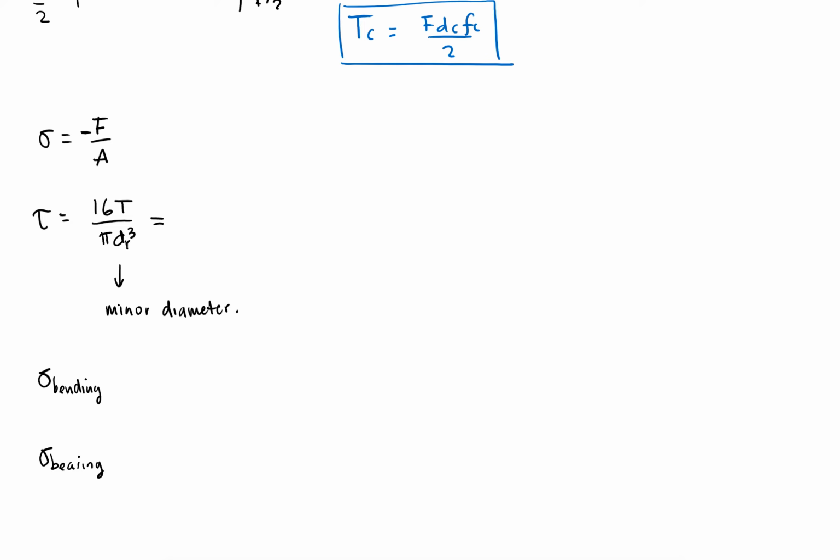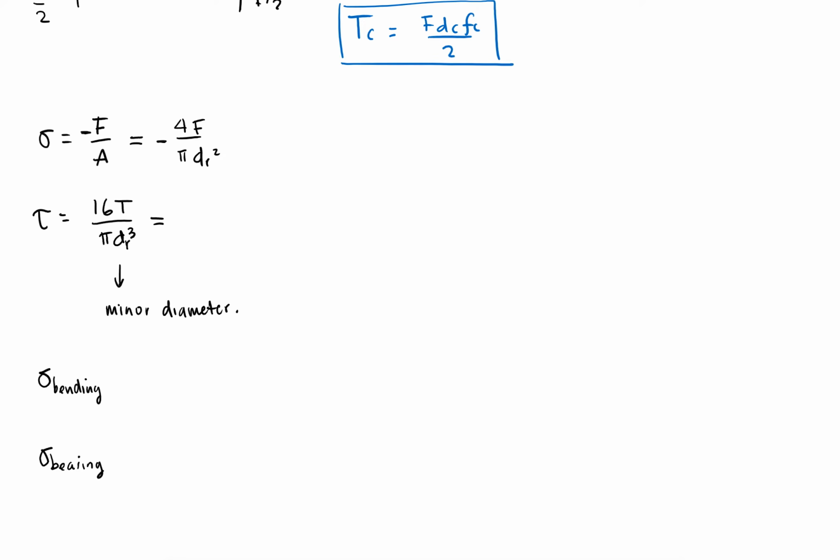Oh, sorry, the bearing stress, yeah, that's fine. And then this F would be from the area, pi d squared over 4. I just get a 4F over pi d, again r over 2 to the second, and negative.